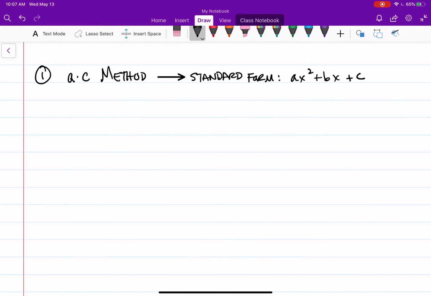Step one in the AC method is this. We're going to do a times c and also label b.